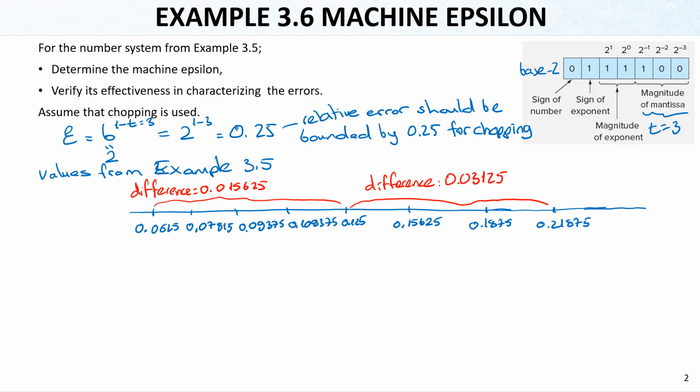So once the difference started to change here, this is the upper bound of the first interval. Then the second one finishes, and this is the upper bound of the second interval, for example, etc.